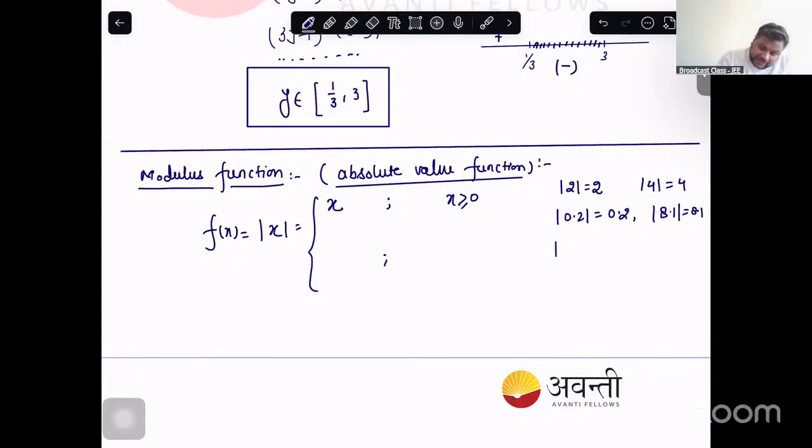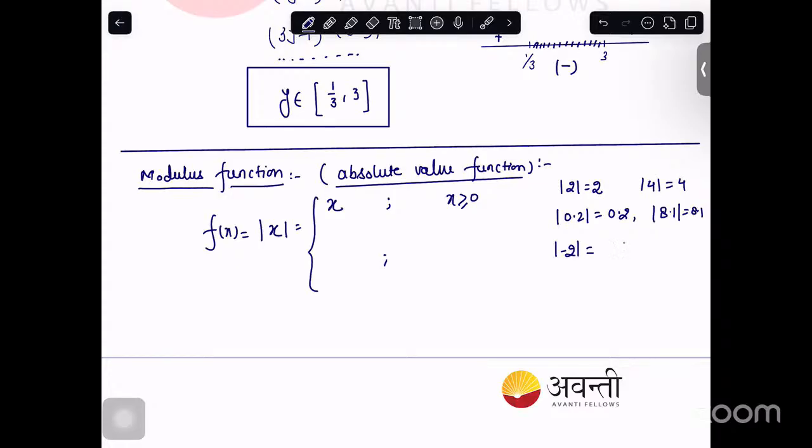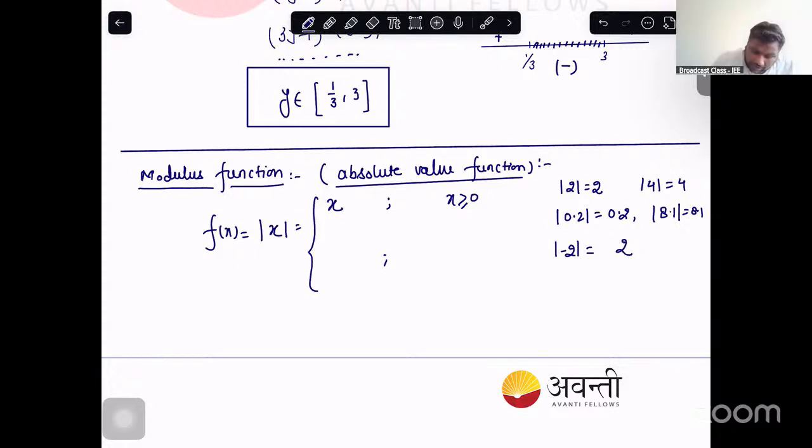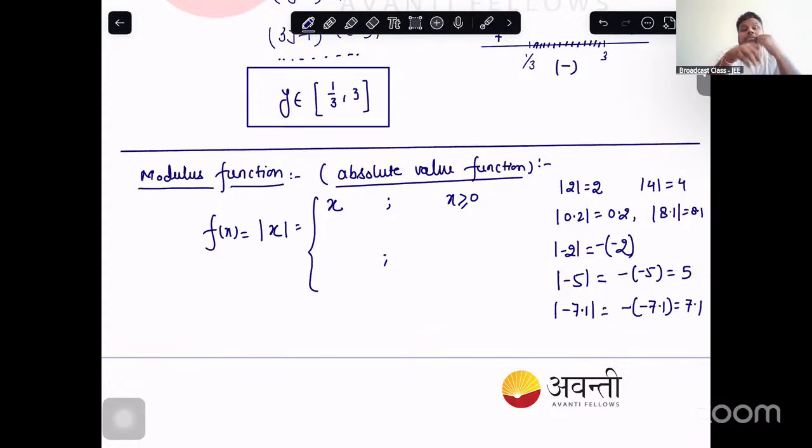But if x is negative, like the quantity inside is minus 2, then what will happen? Tell me, what is modulus of minus 2? 2. And how did it become 2? It got multiplied with a negative sign. Modulus of minus 5 will be minus of minus 5 so that it becomes 5. Modulus of minus 7.1 will become minus of minus 7.1 so that it becomes 7.1. If there is a negative quantity inside the modulus, it will come out after multiplying with a minus sign.